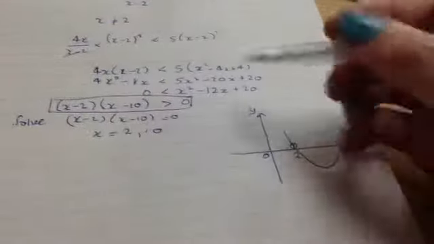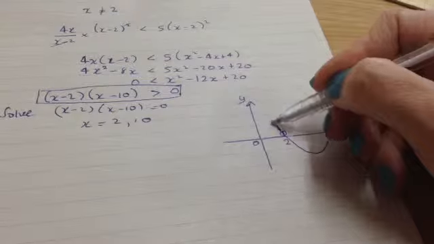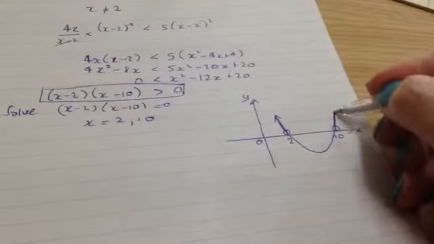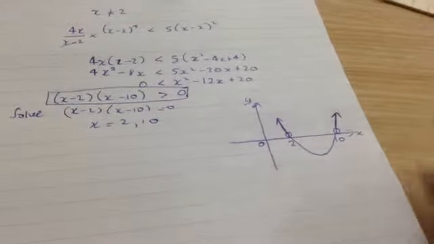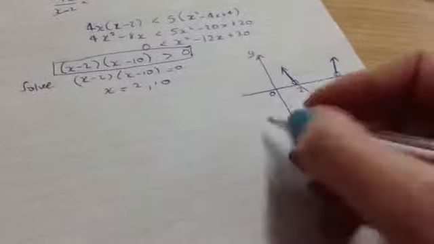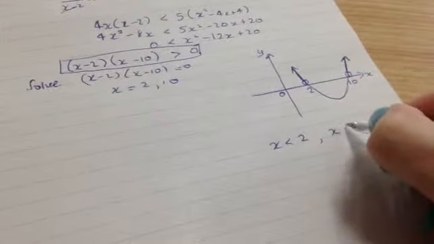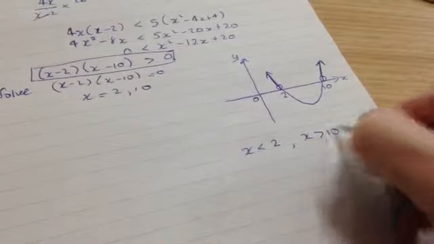If the function is greater than 0, it means it's above the x-axis. So outline that, make it stand out, and then write your solution, which is x is less than 2 and x is greater than 10.